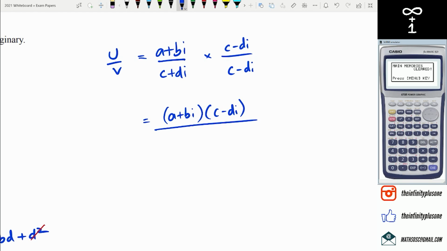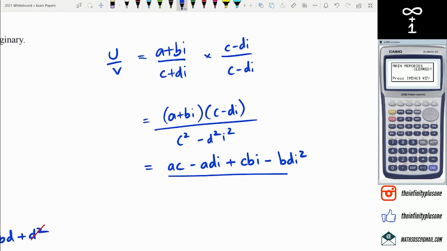In the denominator, because it's difference of two squares, I can rewrite this as c squared minus d squared i squared. Expand the numerator. A times c is ac minus adi plus cbi minus bdi squared.